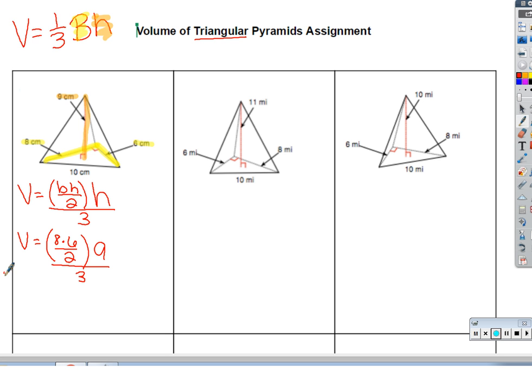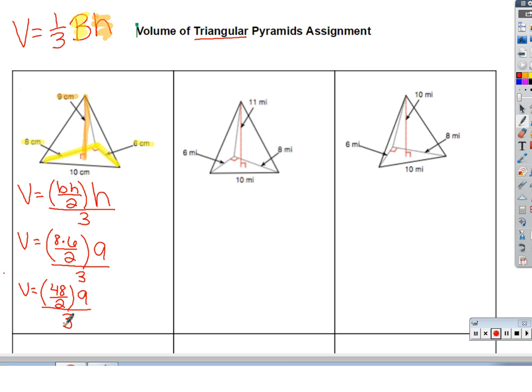Inside our parentheses first, what is 6 times 8? 48. And then I have to divide that by 2, times 9, divided by 3. When you get to the other questions, you might want to get out a notebook paper. I don't know if you're going to have enough room.